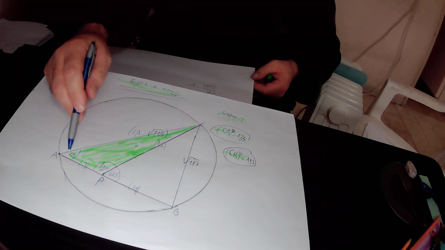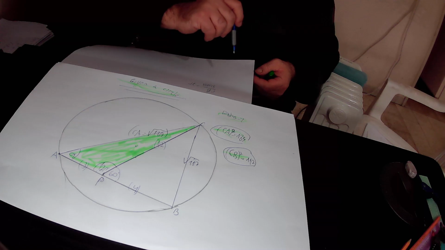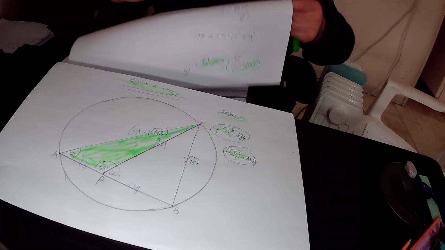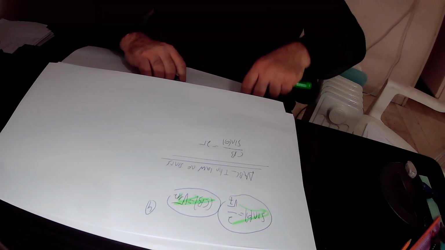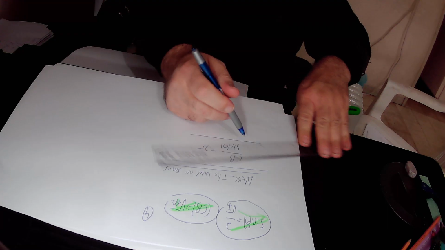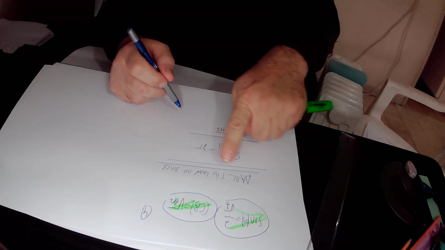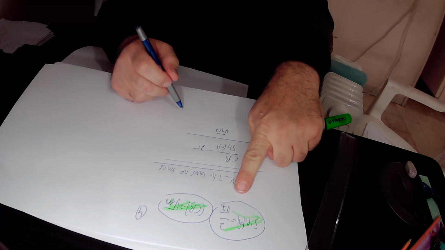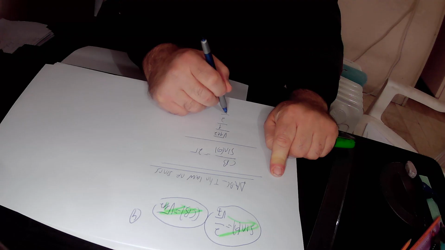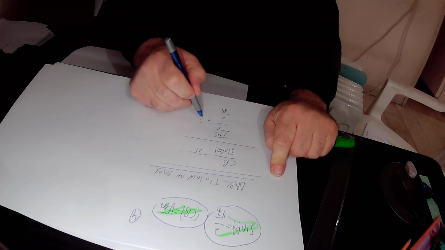Again, CB over sine alpha equals 2R. R is the radius of this circle that blocks triangle ABC. CB is square root of 112, and sine alpha equals 2 over square root of 7. So it equals 2R.